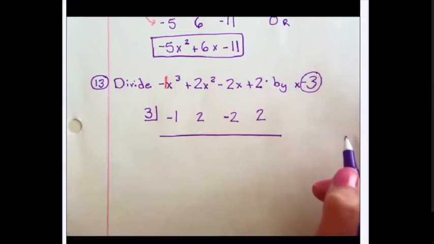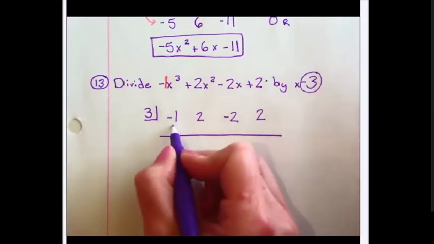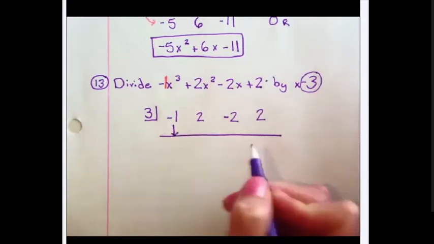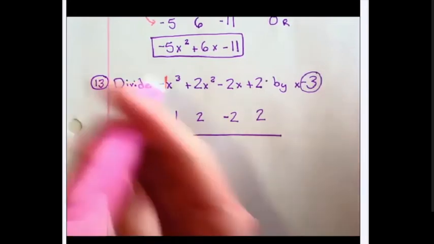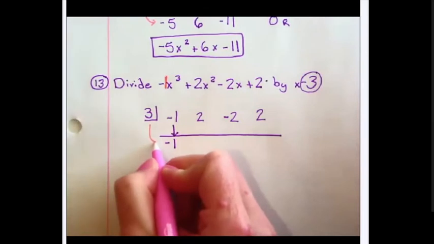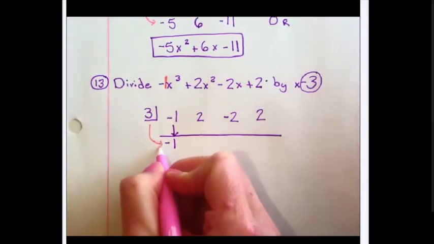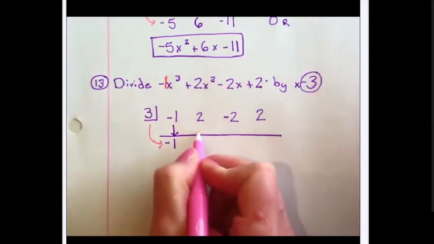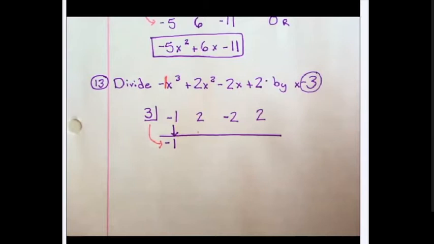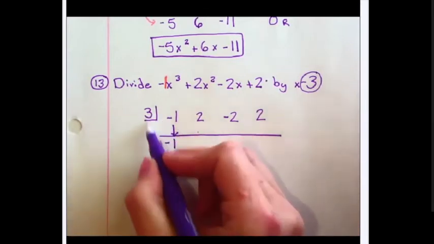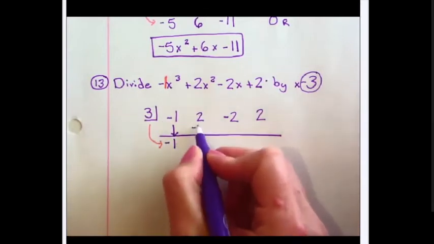Okay, same process. We're going to move that -1 down. And then whatever's in the box, this time it's a 3, we're going to multiply by what's on the bottom and put it in that next blank spot. So it really helps if you keep this nice and neat. If you can keep it lined up pretty well. 3 times negative 1 is negative 3.